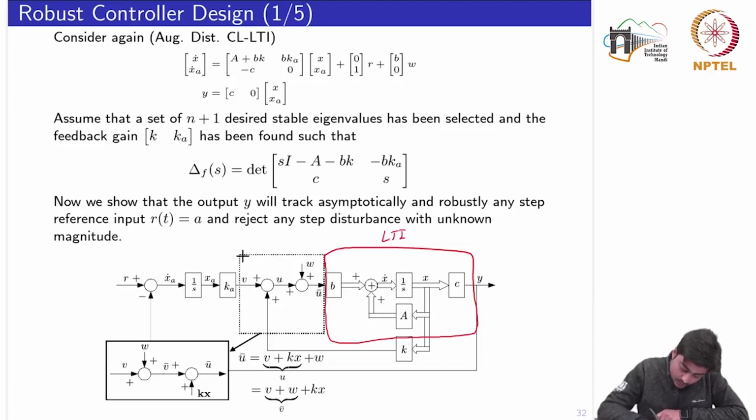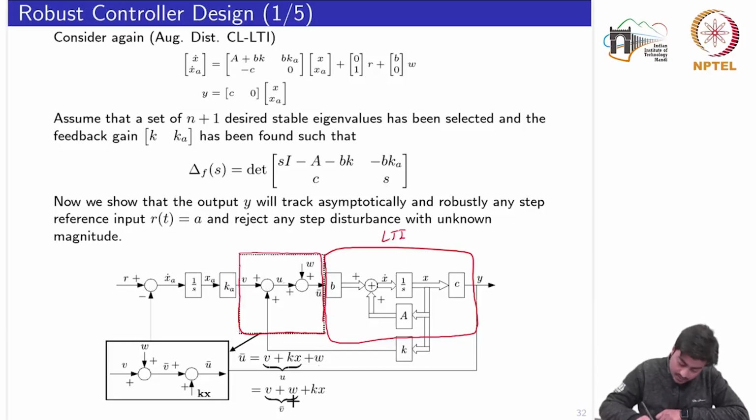Now, if we pay attention to this block and I write the equation, I can write U bar as U plus W, and U is nothing but V plus K times X. So U bar is nothing but V plus Kx plus W, where V plus Kx is U. Now, after rearranging the terms, I can write V plus W as V bar by taking Kx separately and assigning V plus W as V bar.